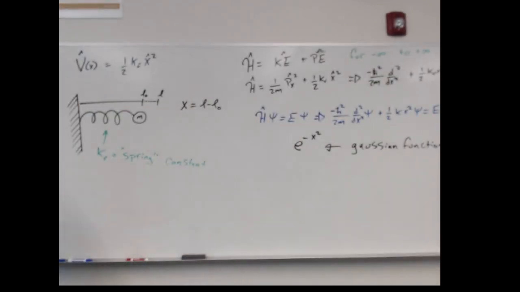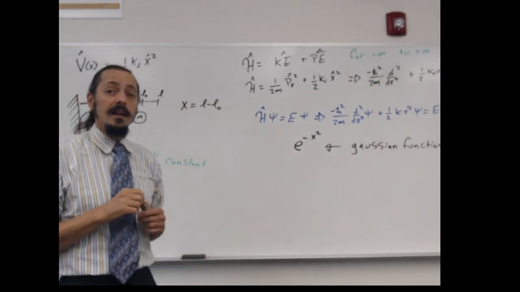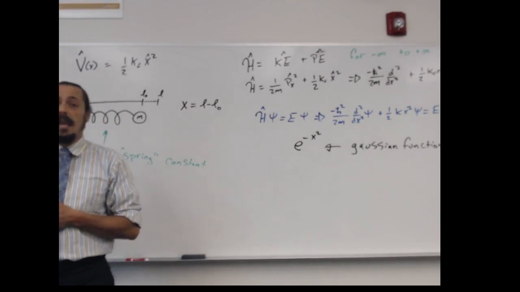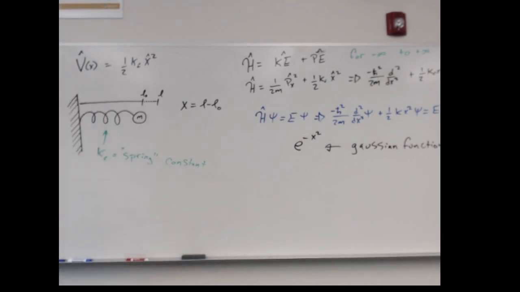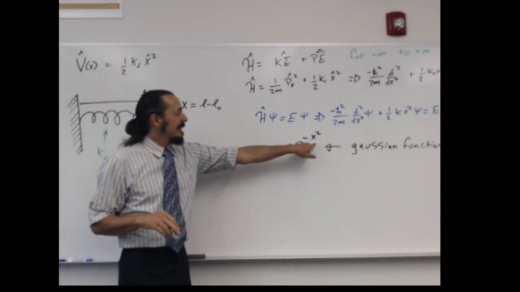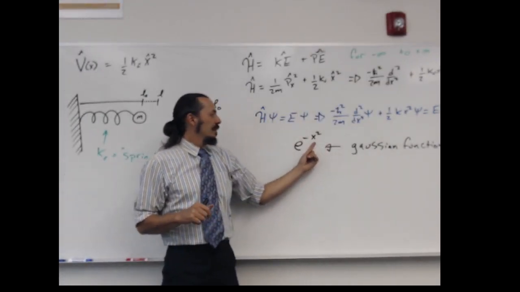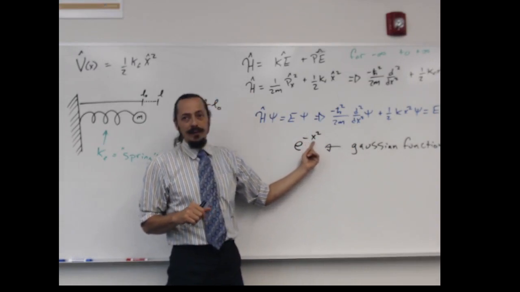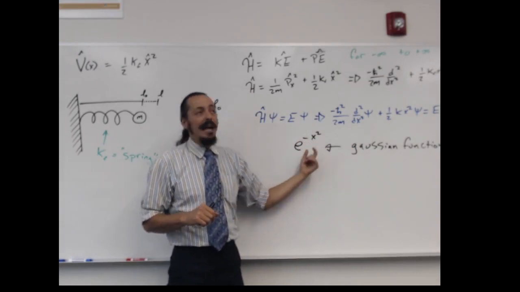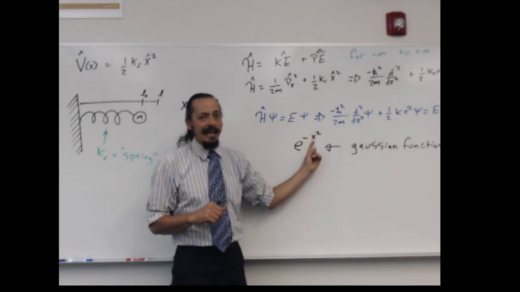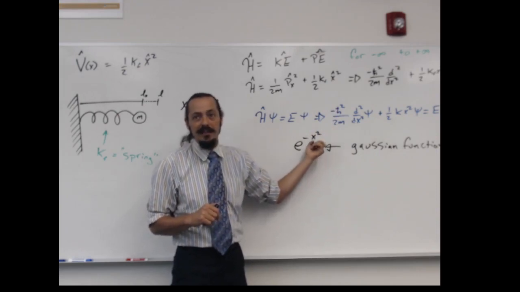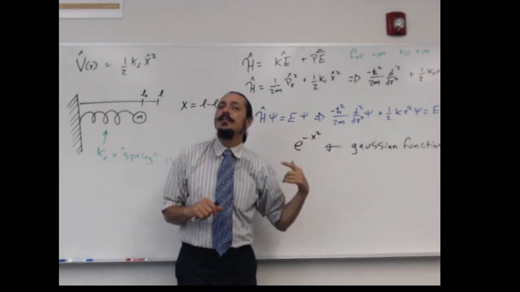This is something like a Gaussian function. Gaussian functions are really nice. It turns out we see them a lot in quantum mechanics, physics, chemistry, distributions. Gaussian functions work out really well. The fact that it's e to the negative x squared means as you go to positive infinity, you're going to get e to the negative infinity, which is going to be 0. As you go to negative infinity, you get negative infinity squared, and e to the negative infinity is still 0.